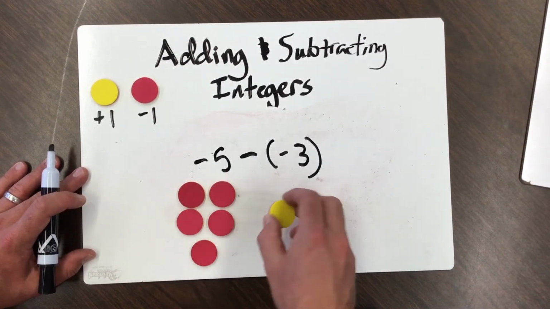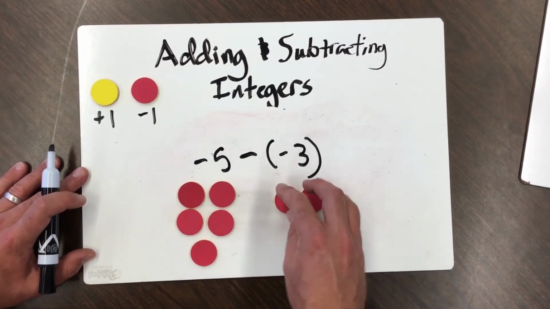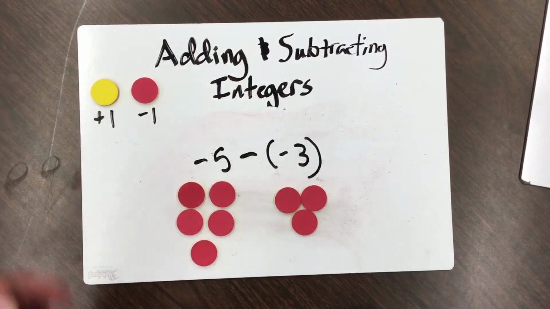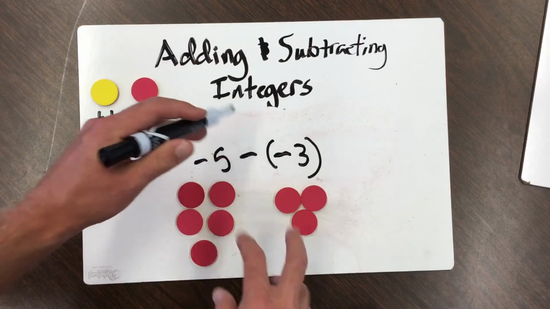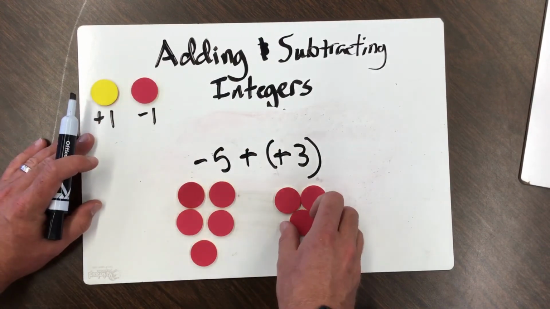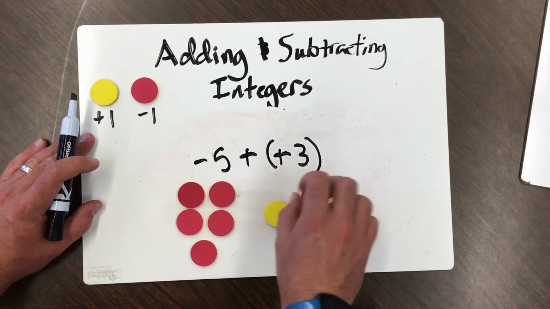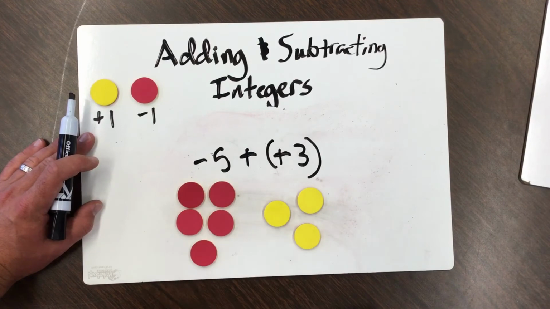And then I have 3 reds for the -3. But because I'm subtracting them, that means I have to do the opposite. So again, if you have back-to-back negatives like that, you turn them into plus signs. And so I flip this over, and it becomes +3. I'm doing the opposite because of the minus sign.